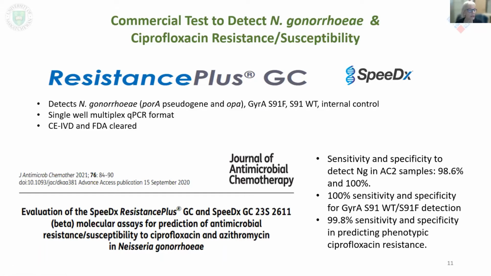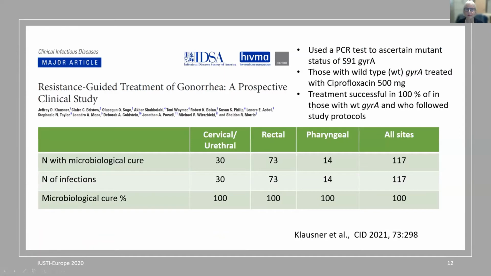This test has been used, for example, to look at NAAT samples and has been shown to have a high sensitivity and specificity, over 98.6%. It has 100% sensitivity and specificity for detecting the wild-type gene as well as the mutation, and a very high sensitivity and specificity in detecting phenotypic resistance.